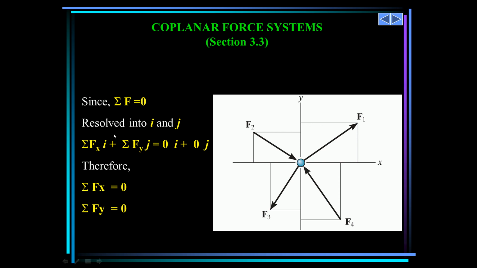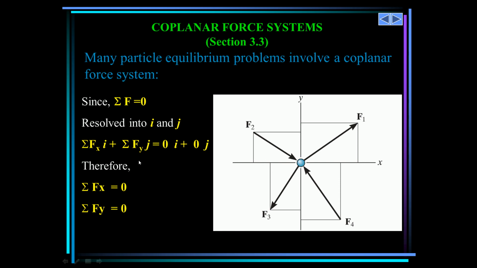Therefore, the summation of all forces in X direction will be equal to 0, and the summation of all forces in Y direction will be equal to 0. Many particle equilibrium problems involve the coplanar system. That is what we call coplanar force.